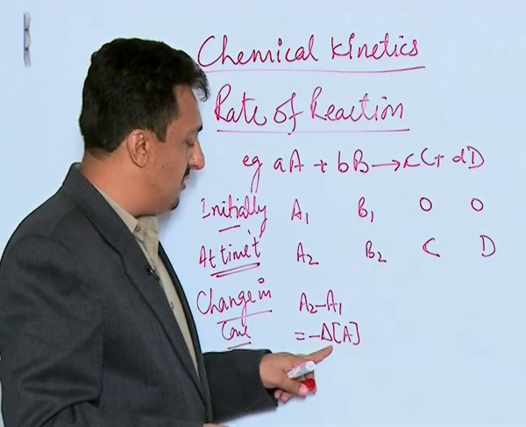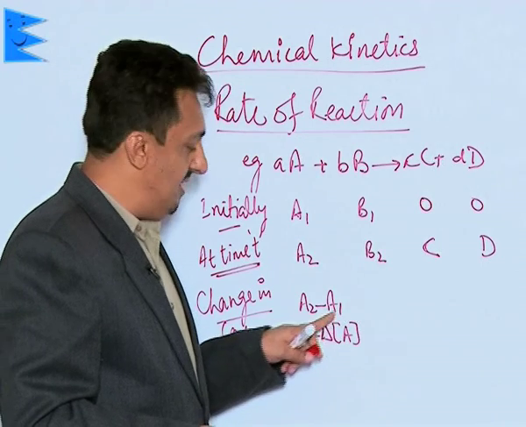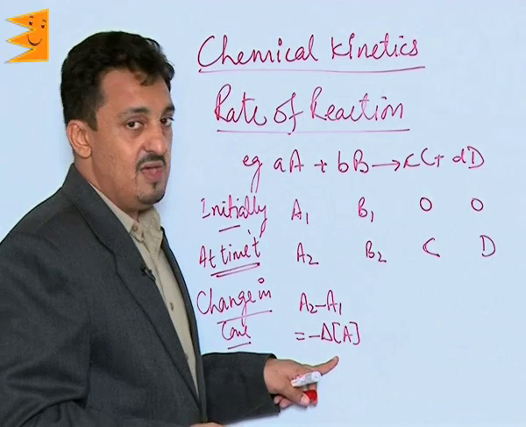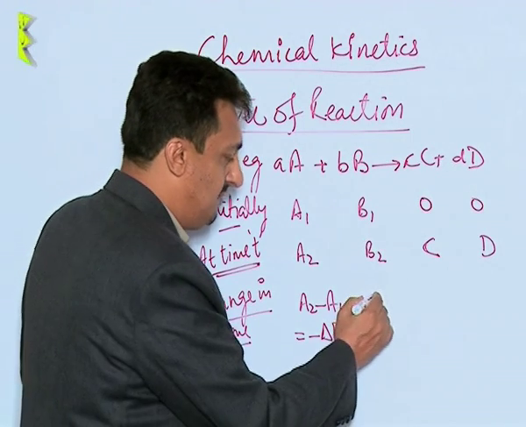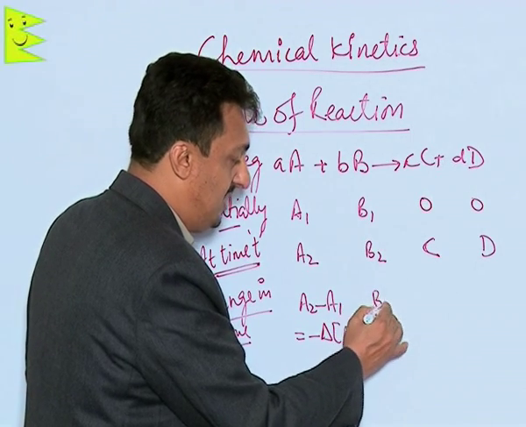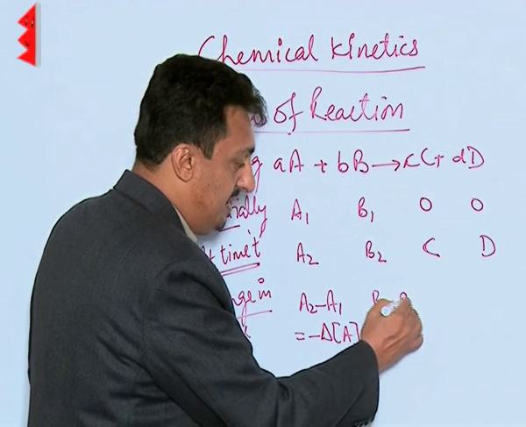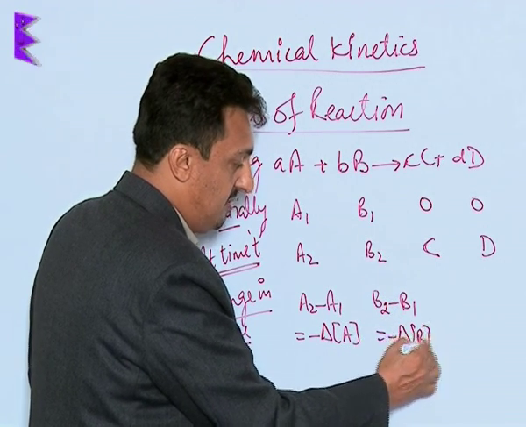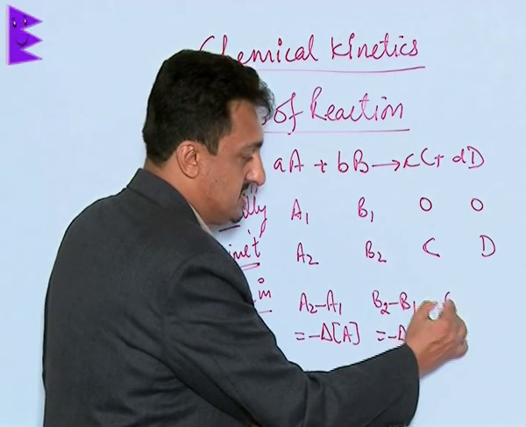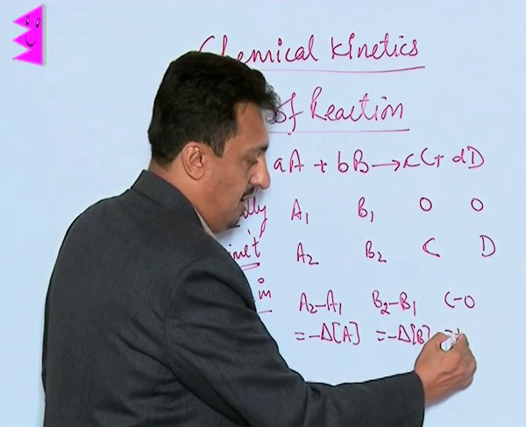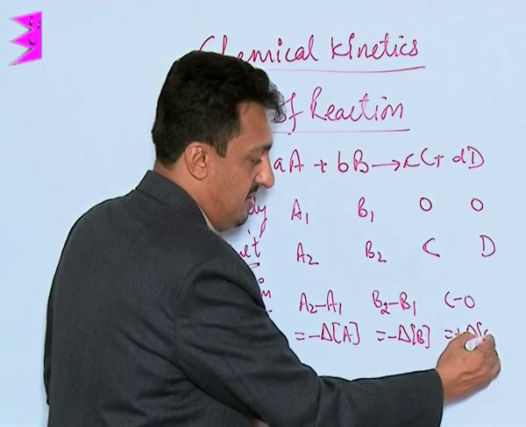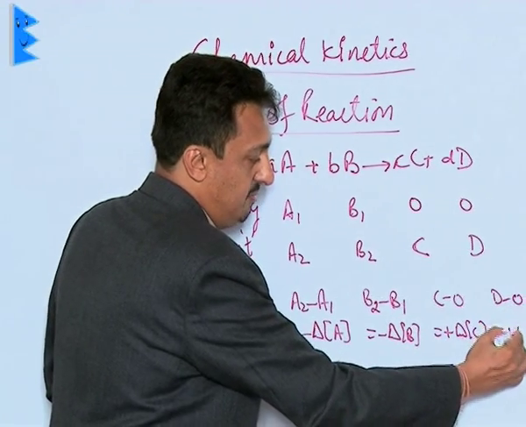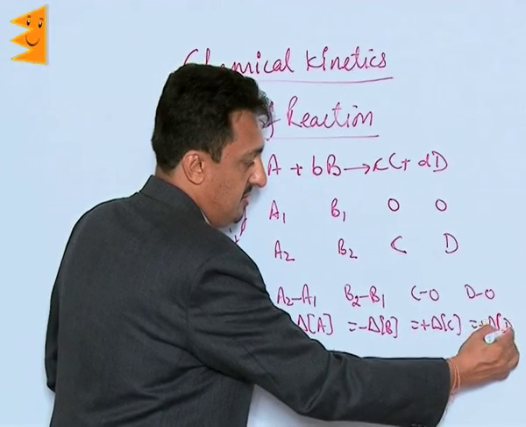So it's negative of delta of [A], and this A is kept in square brackets, and we know anything kept in square brackets is always a concentration. Similarly, the change in the concentration of B will be B2 minus B1, which will be negative of delta of [B]. It will be C minus 0, which will be plus delta of [C], and D minus 0, which will be plus delta of [D].